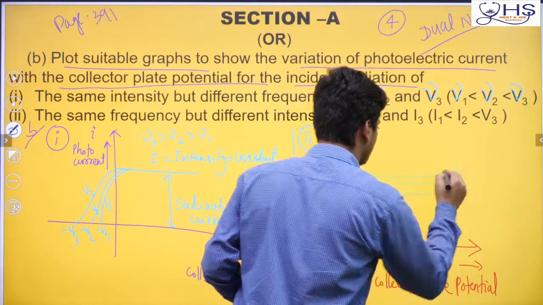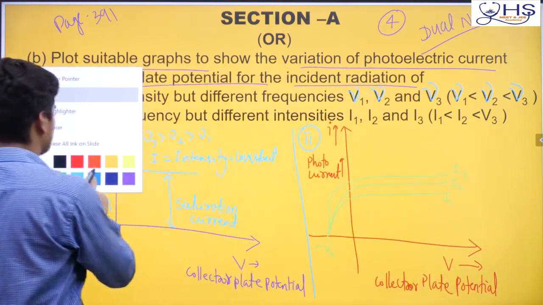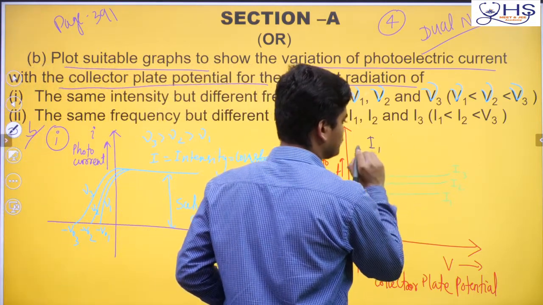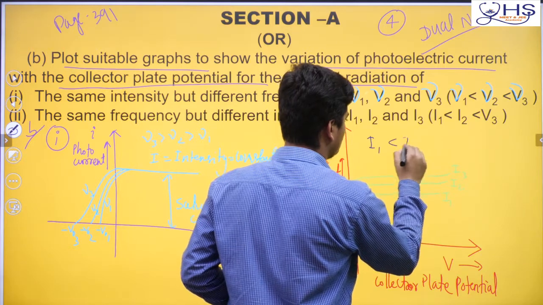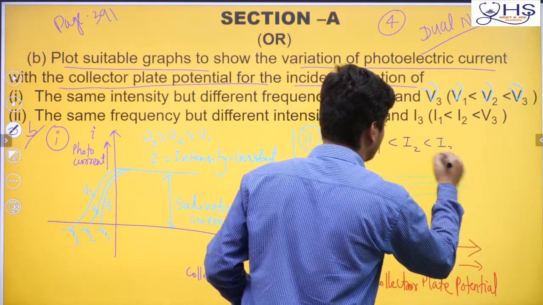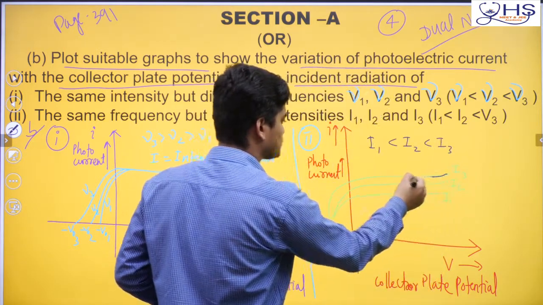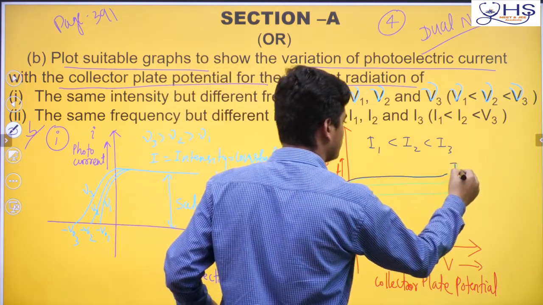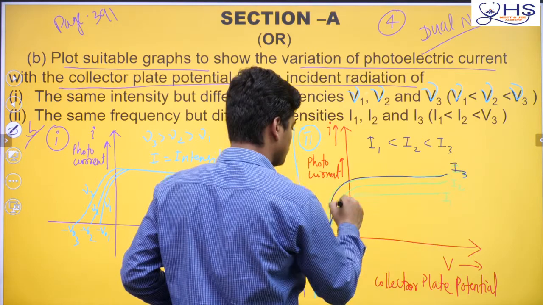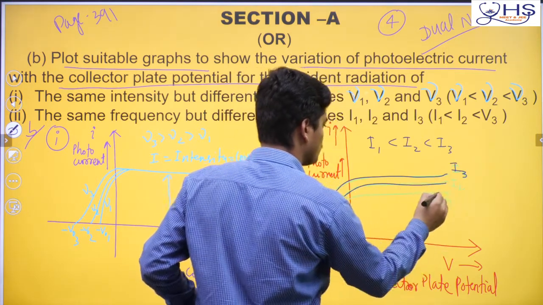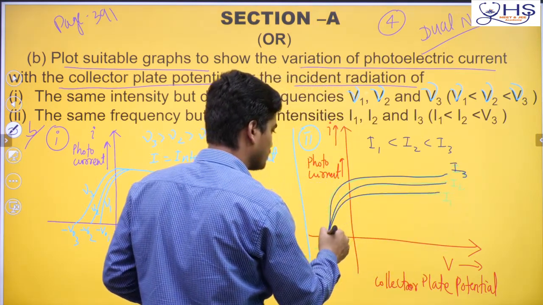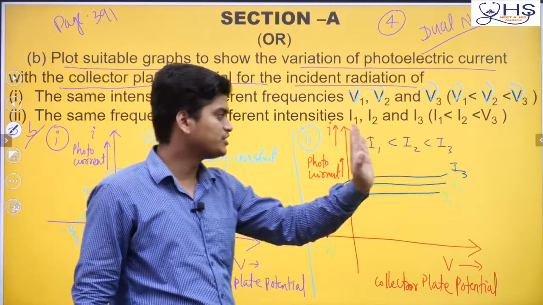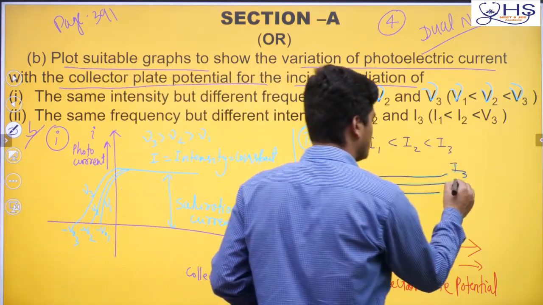It may not be visible properly, check here, I1 is less than I2, is less than I3, write like that. So the graph will be like this. This is I3, here it is I2, and here it is I1. Different saturation currents are coming because intensity is directly proportional to current, so that's the reason it is different here.